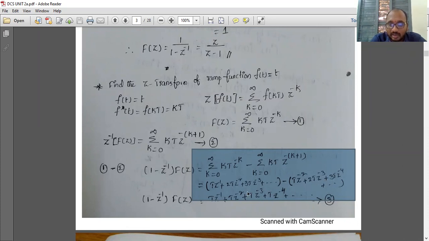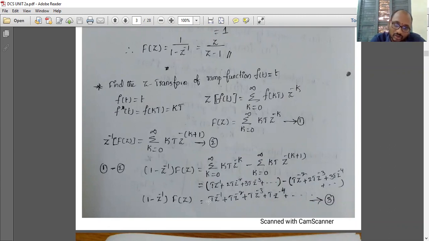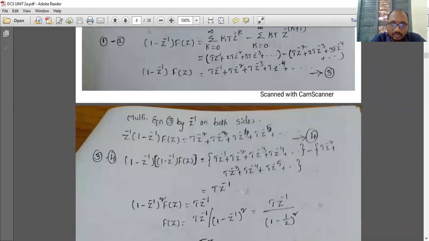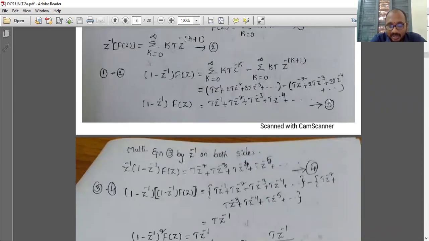Okay, next, we get T into z power minus 1, T into z power minus 2 and so on. So next, T into z power minus 1. Take it as equation number 3.